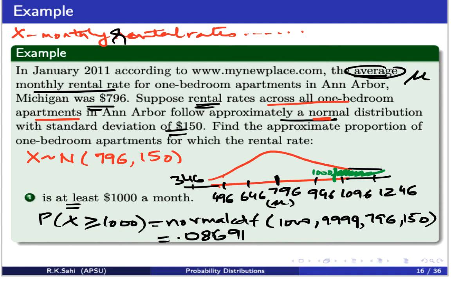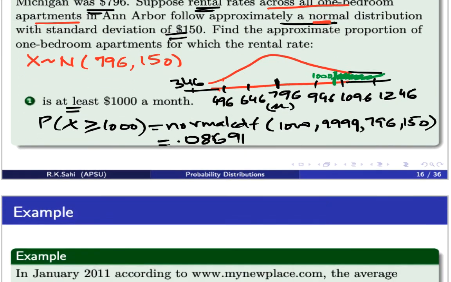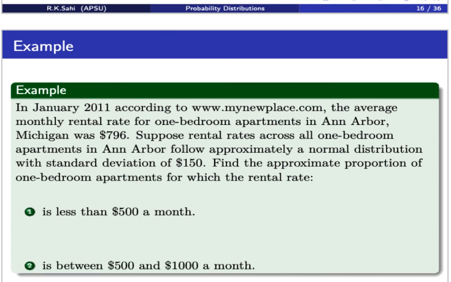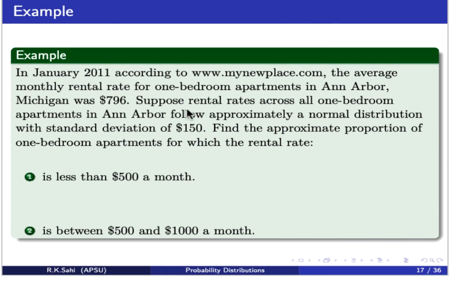Okay. Continuing with that example, guys. The same example. We are having a one-bedroom apartment, but now we want to find the approximate proportion when the rental rate is less than 500. So here's the probability. X is strictly less than, or even less than or equal to, it's fine. When you do that, what does that mean?